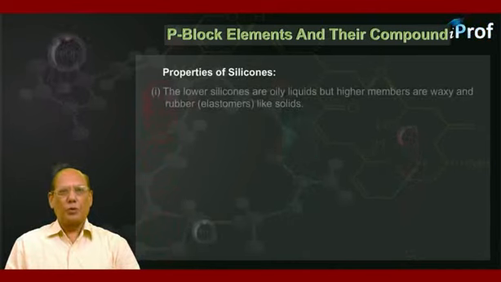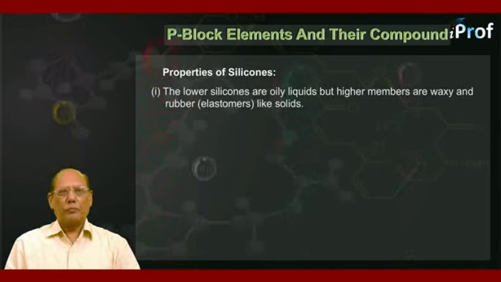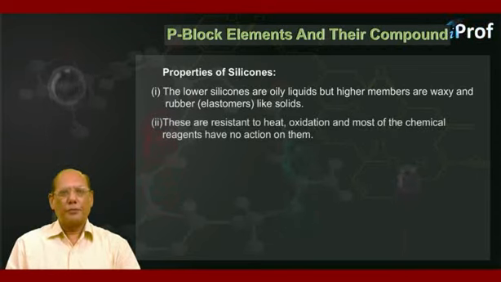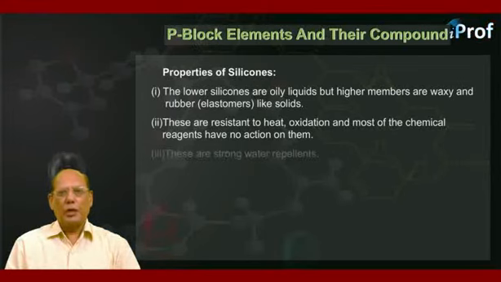Properties of silicones. Number 1. The lower silicones are oily liquids, but higher members are waxy and rubber, that is elastomers, like solids. Second, these are resistant to heat, oxidation, and most of the chemical reagents have no action on them.